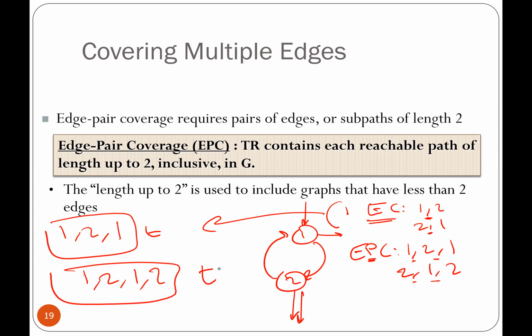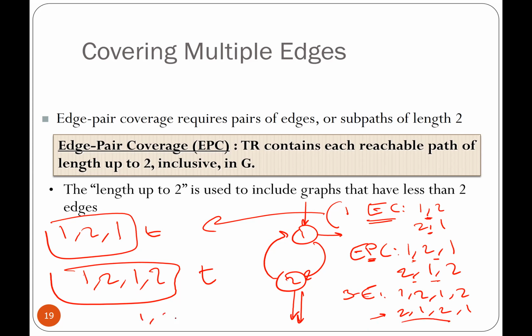edge coverage. All right. And so on and so on and so forth. So let's just say I have 3 edge coverage. I would have needed 1, 2, 1, 2, and then 2, 1, 2, 1. Okay. In order to satisfy the bottom one over here, I would have required 1 loop.